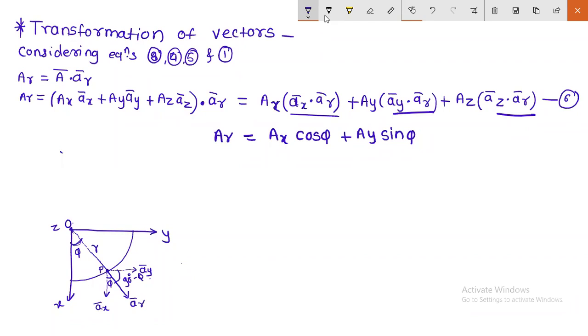Okay, similarly we can find A phi and AZ. So just tell me, all of you understood how to find this?